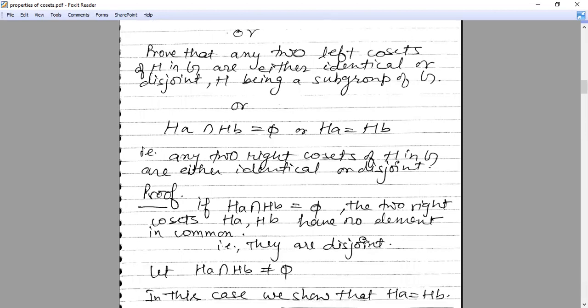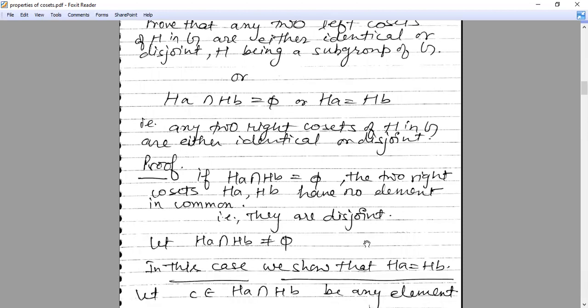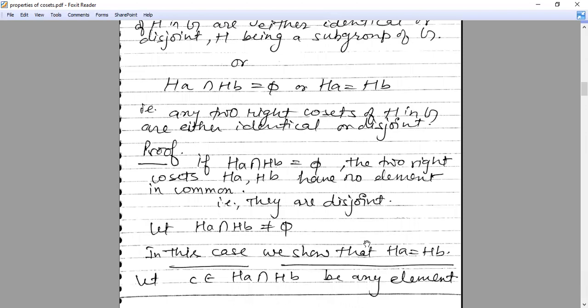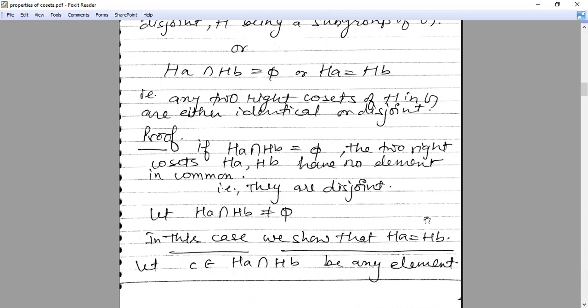So, if you remember in the last lecture, we have already shown, when we were talking about the left cosets of H in S3, the symmetric group, that two cosets were the same and their union was equal to the group.